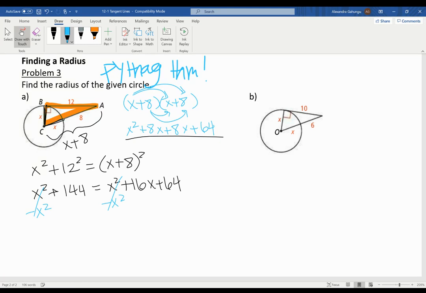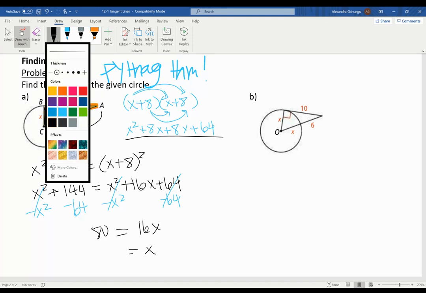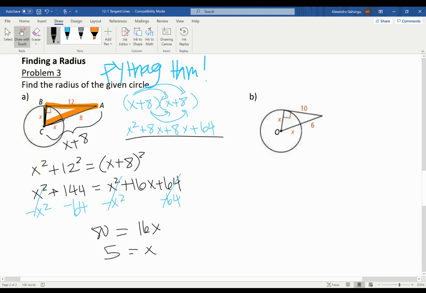That means I want to move the 64 to the other side. So I subtract 64, and I'm left with 16x, so x's are all by themselves, and 80 on this side. So I get x by dividing by 16 on both sides, and I get x is equal to 5. So that is our radius. x is equal to 5.